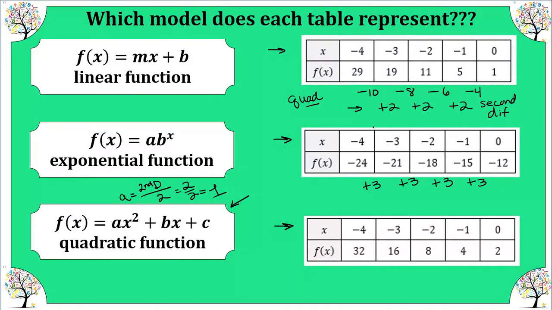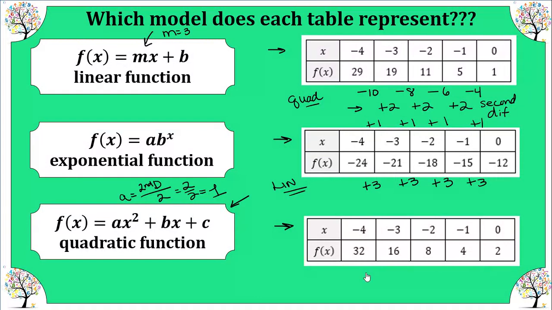And like we said, our x values are consecutive, so they're all +1. So this tells us this is a linear function. And our pattern, our constant rate of change, 3/1, is our m value of our equation. So our m value is 3, or 3/1.